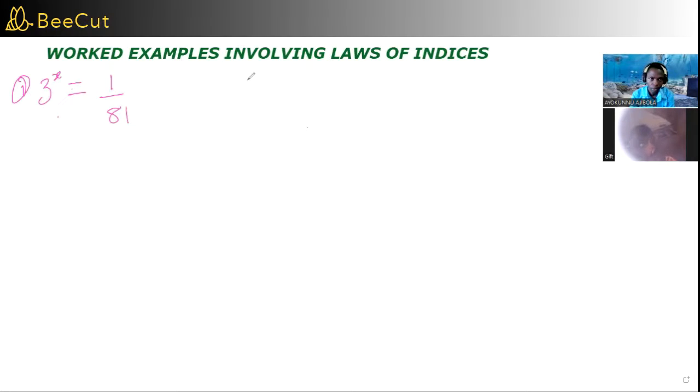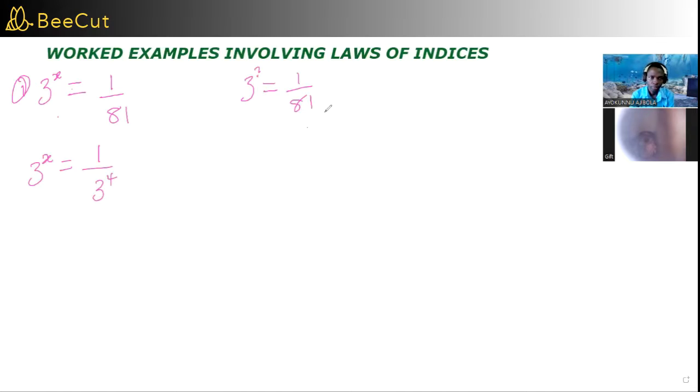Now the question could be written as 3 raised to power question mark equal to 1 over 81. So in this way, there is something we need to do. We need to see that this 3 is a base. It has a common base with 81 because 3 is a factor of 81. So all we have to say is 3 raised to power x equal to 1 all over 3 raised to power 4.